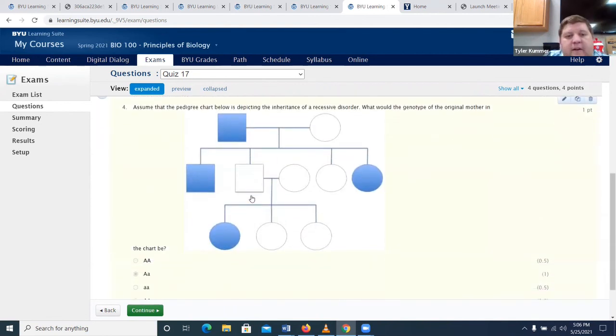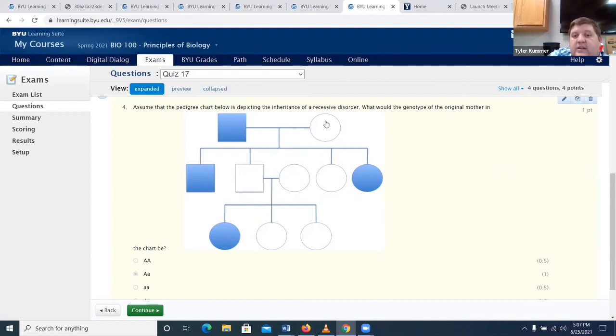All right, assume the pedigree chart below is depicting inheritance of a recessive disorder. What would the genotype of the original mother in the chart be? Okay, so it's a recessive disorder. That means she doesn't have it. Her husband does, so he has to be homozygous recessive.